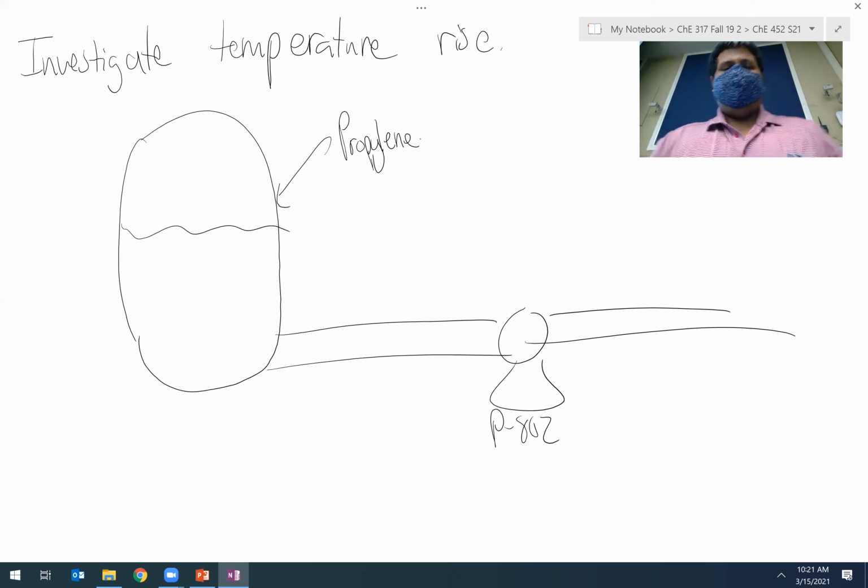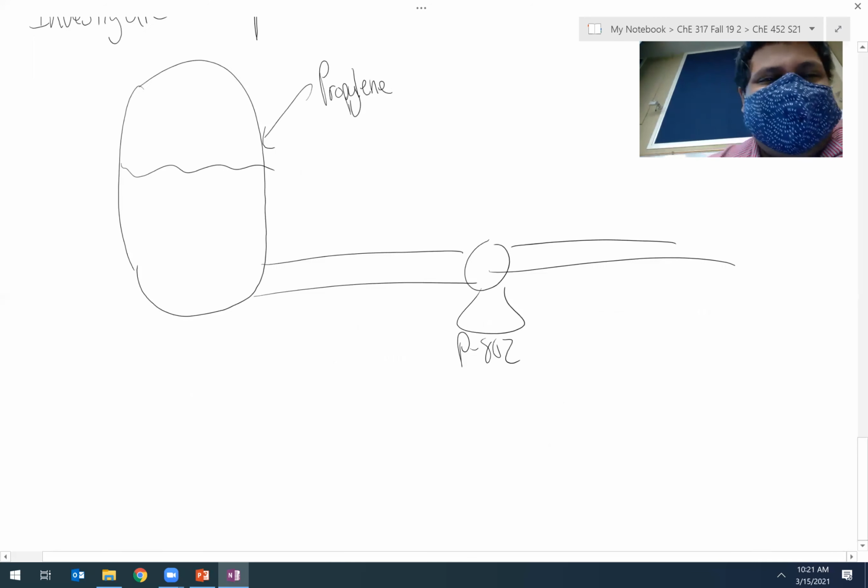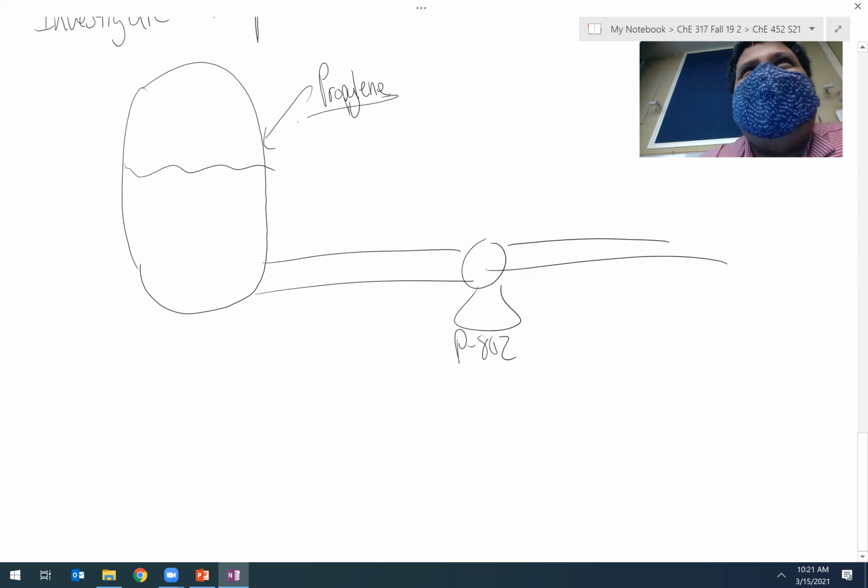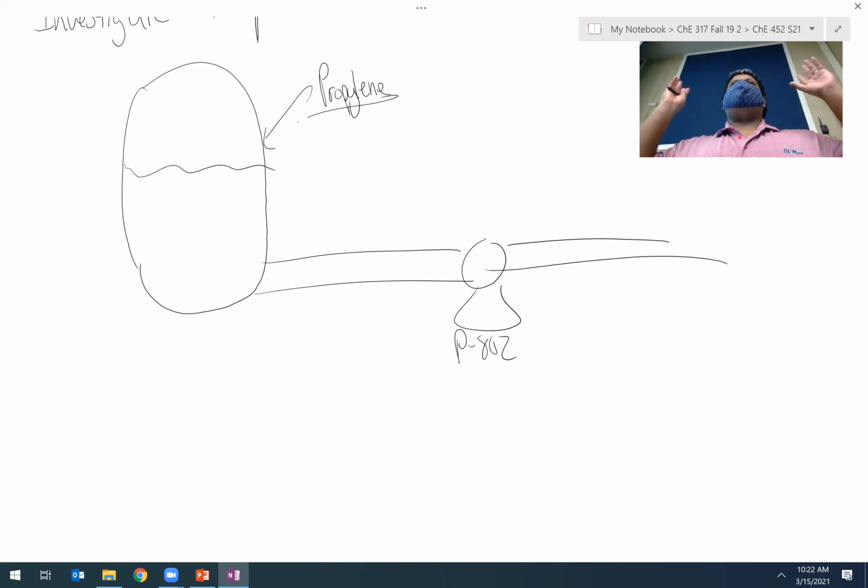So knowing it's a saturated liquid, I can say, well, if the temperature is going to influence this, what do you think it might cause? What's going to happen to this system if the temperature rises? I have a tank, saturated liquid, vapor in the headspace, pump running off the bottom of the process. What's temperature going to do?